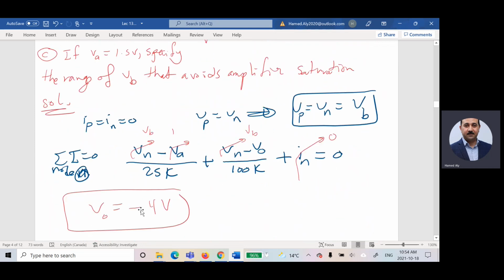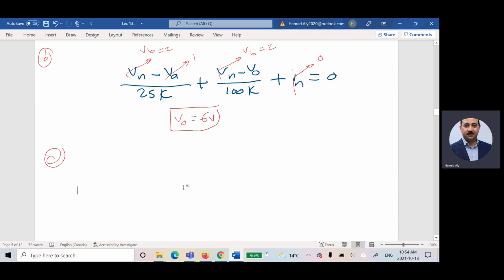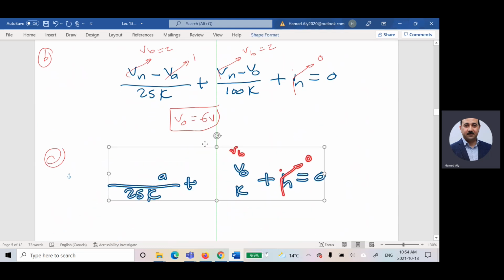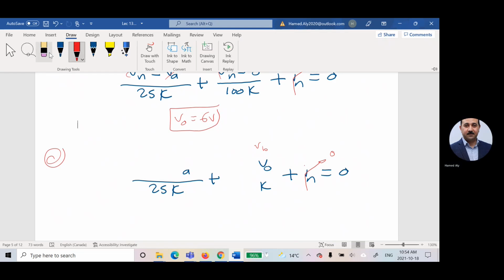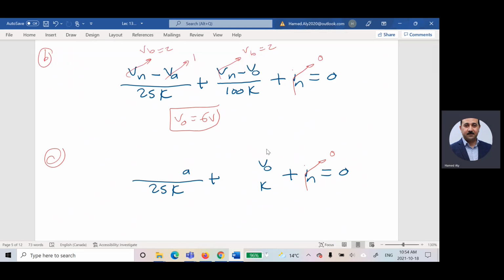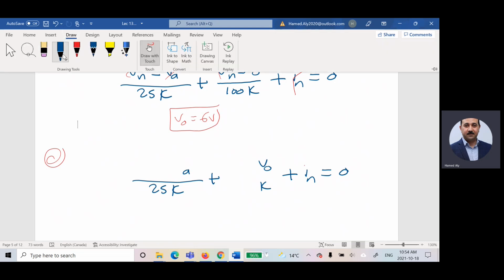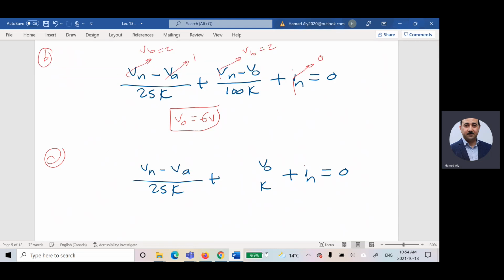It's straightforward. What am I going to do here? I'm going to repeat writing the same equation again, which is Vn minus Va plus Vn minus Vo divided by 100 plus In.